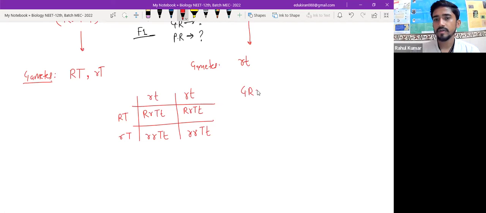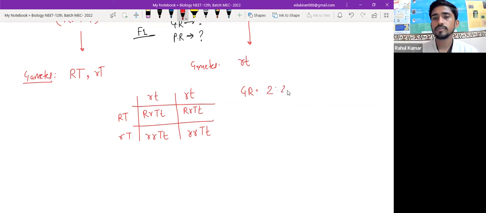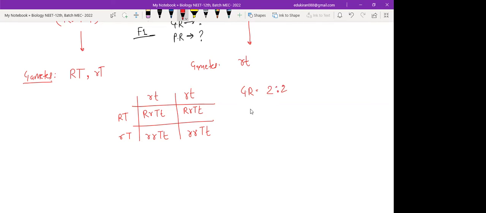So what is the genotypic ratio? These two are same, right? And these two are same. So it's 2:2, correct? And what is the phenotypic ratio?